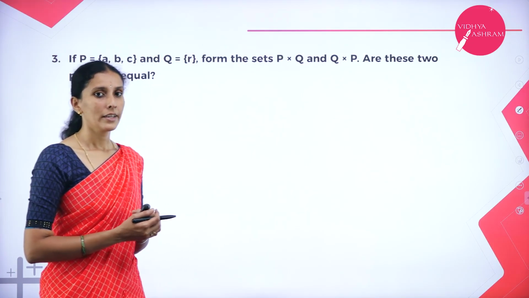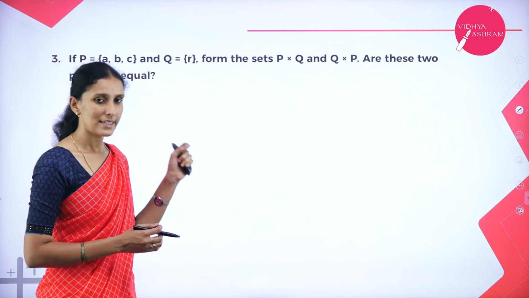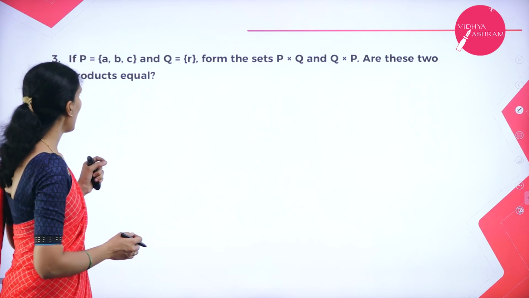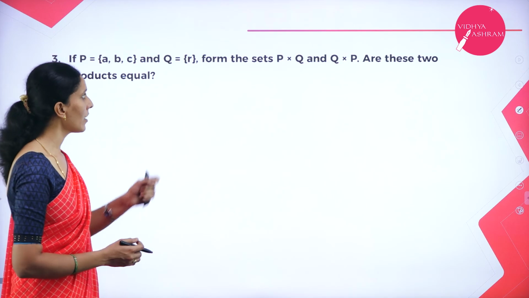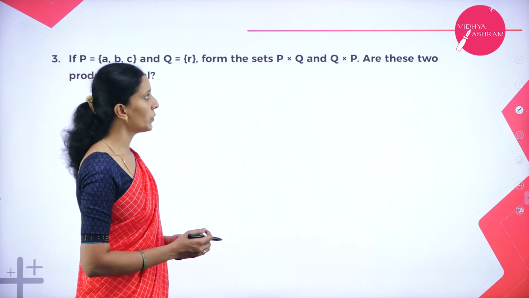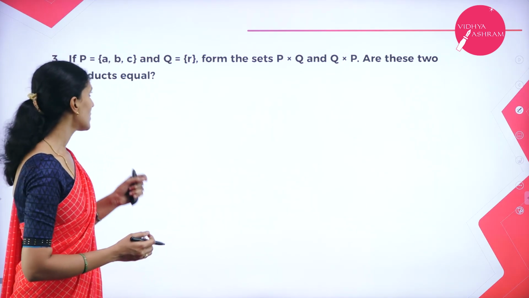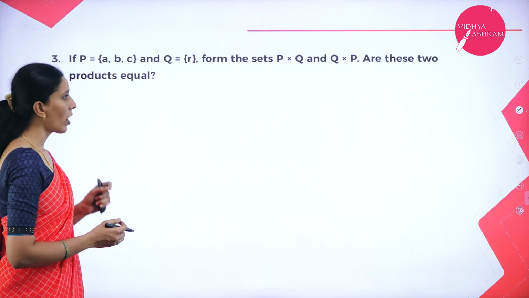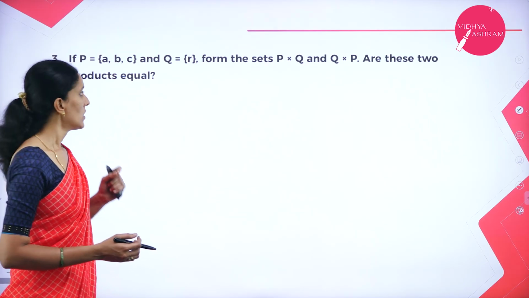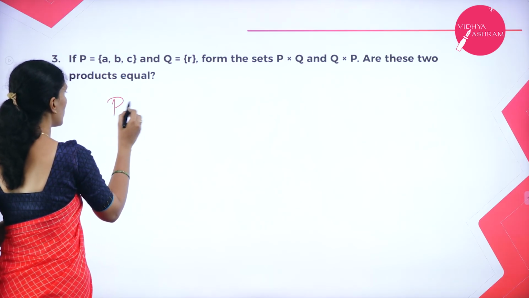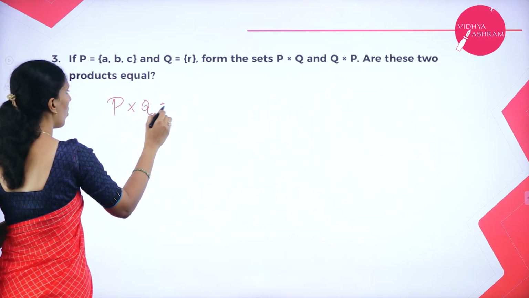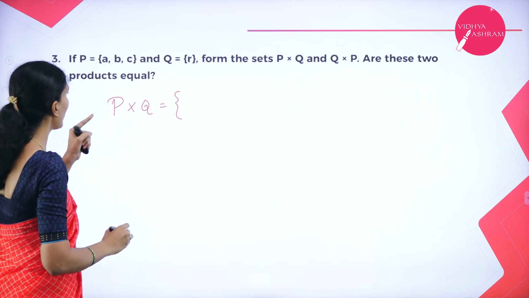Next, here we come to write the set of ordered pairs. We have a set P is equal to {A, B, C} and Q is equal to {R}. Form the sets P cross Q and Q cross P. Are these two sets or products equal? So let me write first what is P cross Q. P cross Q, pairing all the elements from P and Q. So how can I pair?